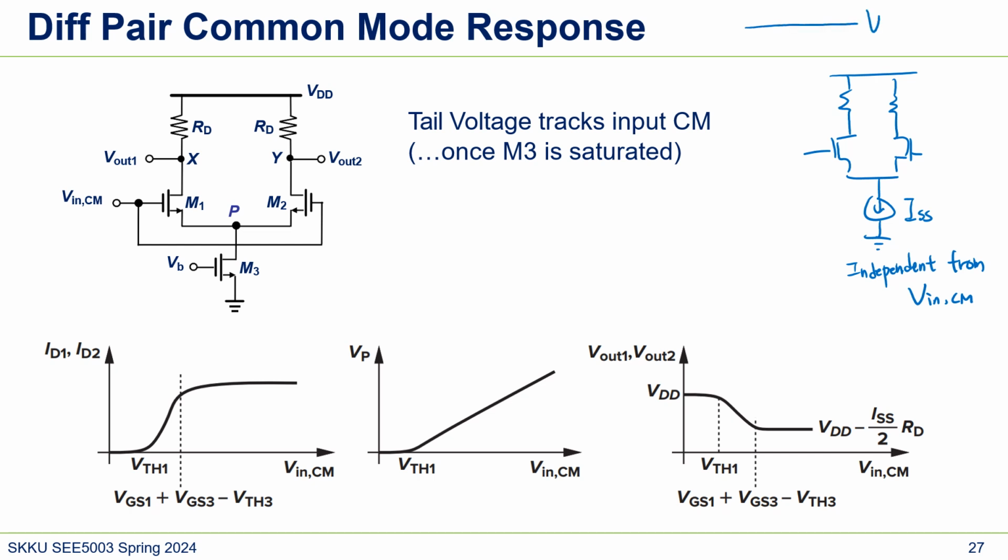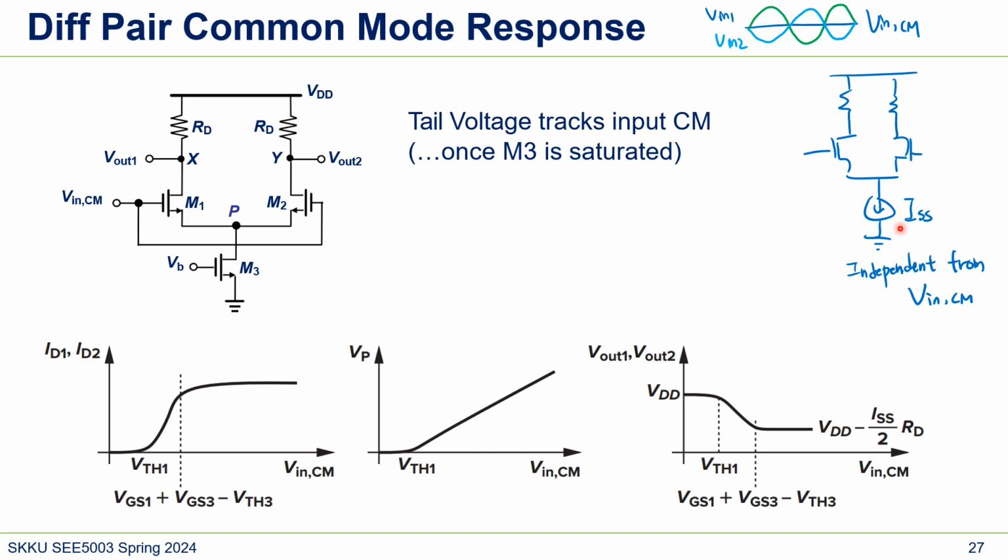So this is VinCM, and the inputs V1 and V2. VinCM is the average value, the common mode voltage.